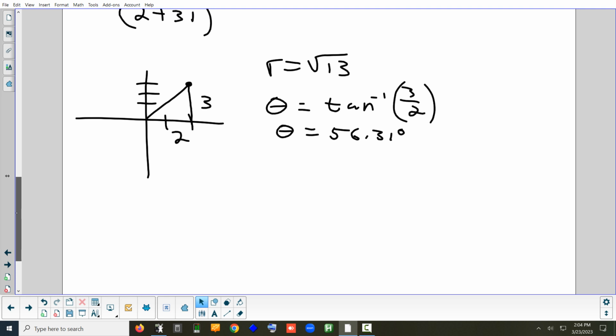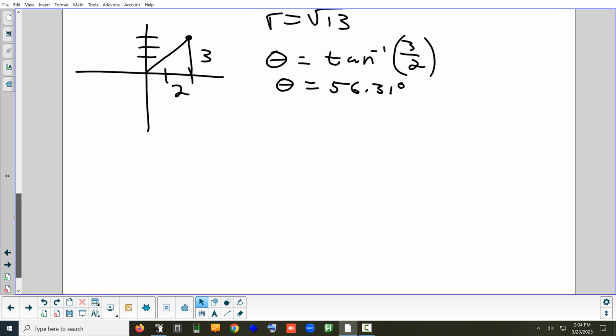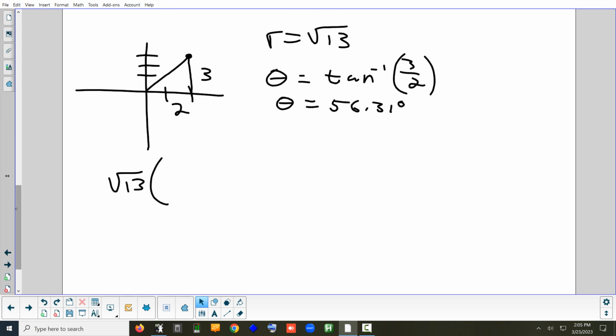Remember, these numbers are gone now, right? Because we rewrote it as a radius and an angle instead of an x and a y. So this whole thing is gone. Square root of 13, yep, parenthesis, cosine 56.31.